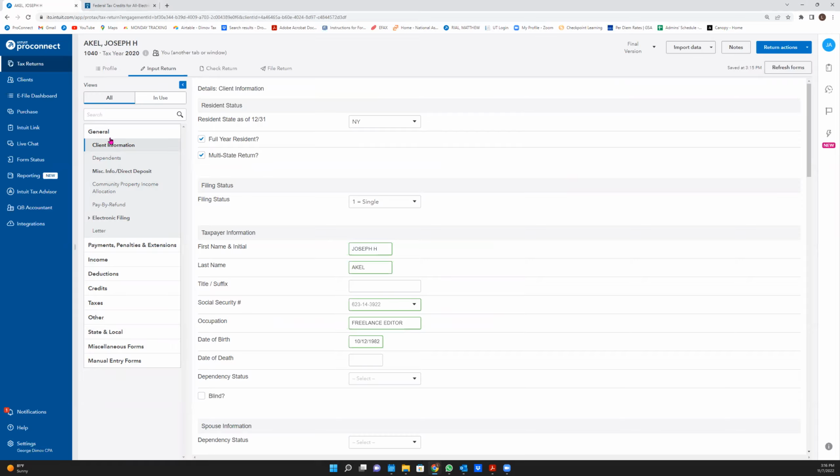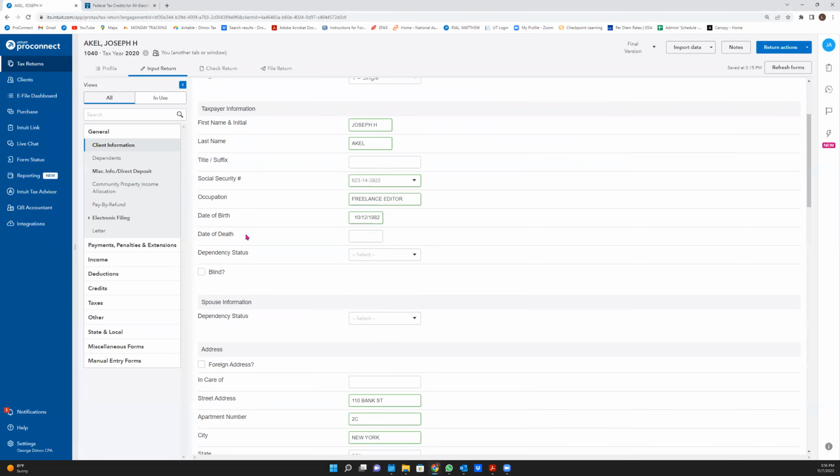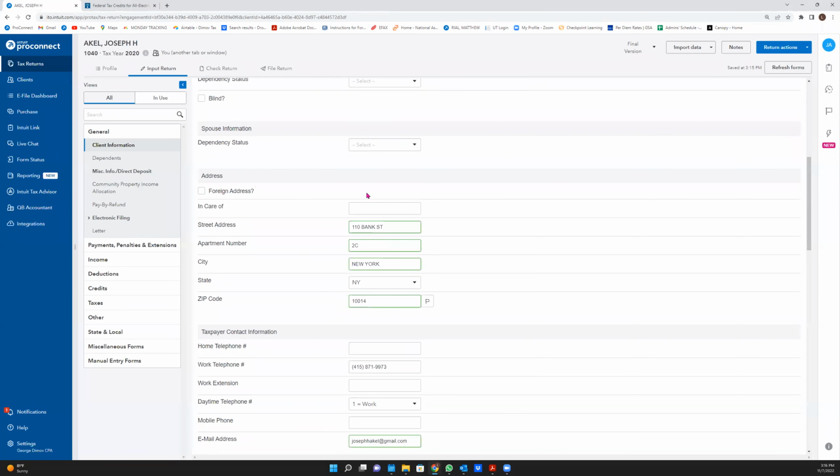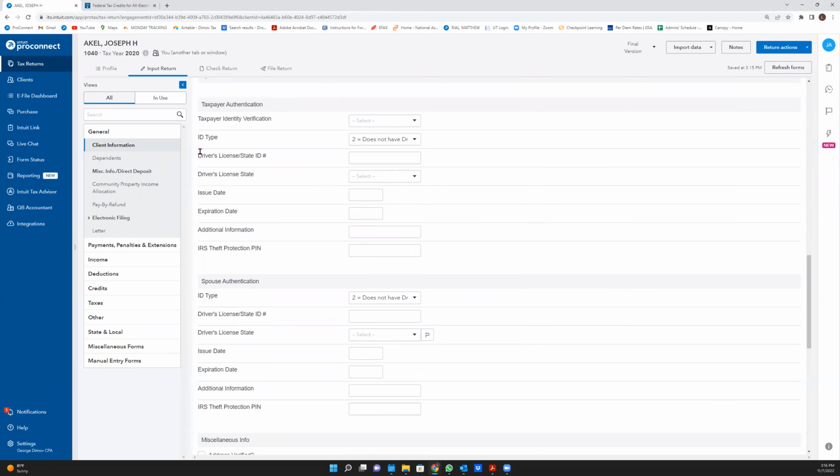The Internal Revenue Service needs to know clients' full name. They need to know their social security number. It's kind of like their own identification number, okay? They need to know where the taxpayer actually lives. And also we need to have their phone number and their email, okay?